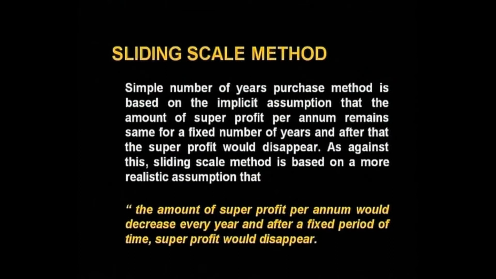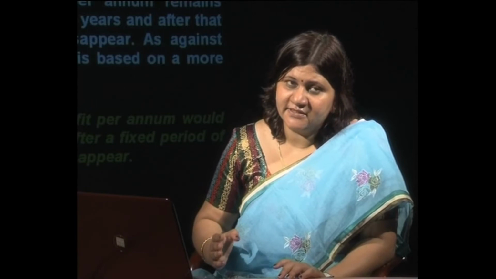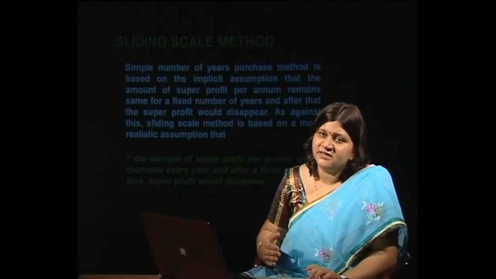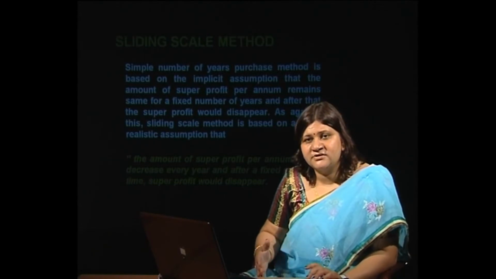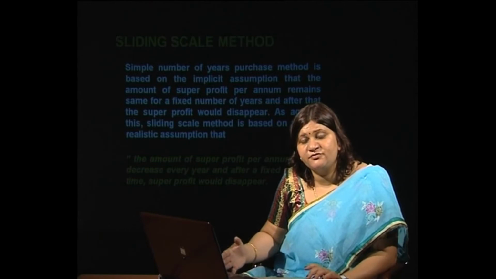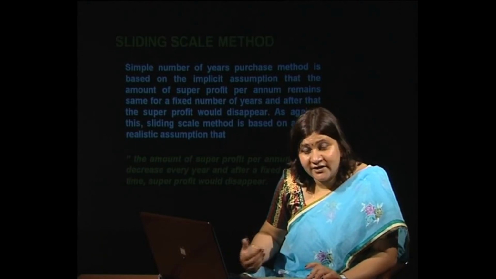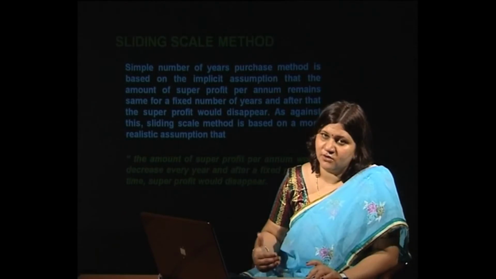So the basic difference is that under simple number of years, after the particular time period has lapsed, the super profit totally vanishes, while under the sliding scale method, the super profit gradually decreases, and for a particular period it can be up to a certain amount, then for the next years it can be certain other amounts. So it is more realistic in nature, so its calculation will also vary.